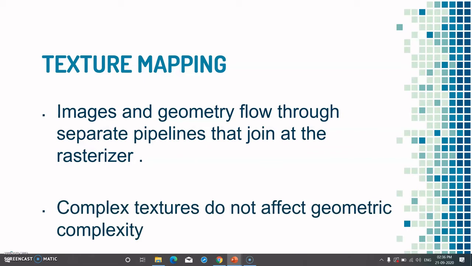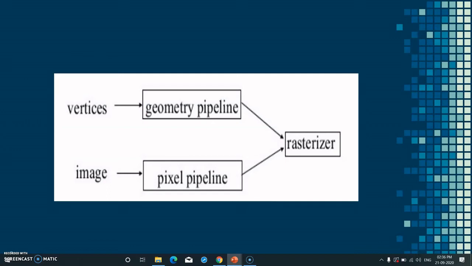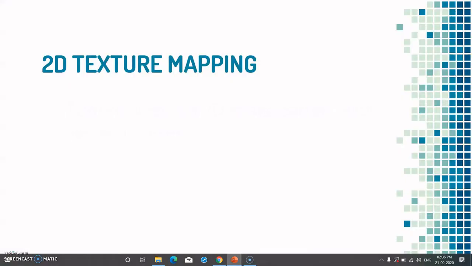Complex textures do not affect geometric complexity. So this is how the geometry pipeline is separate and the pixel pipeline is separate. Through the geometry pipeline, we pass the vertices, and to the pixel pipeline, we pass the images, and at the rasterizer, it combines them and forms a 2D image.